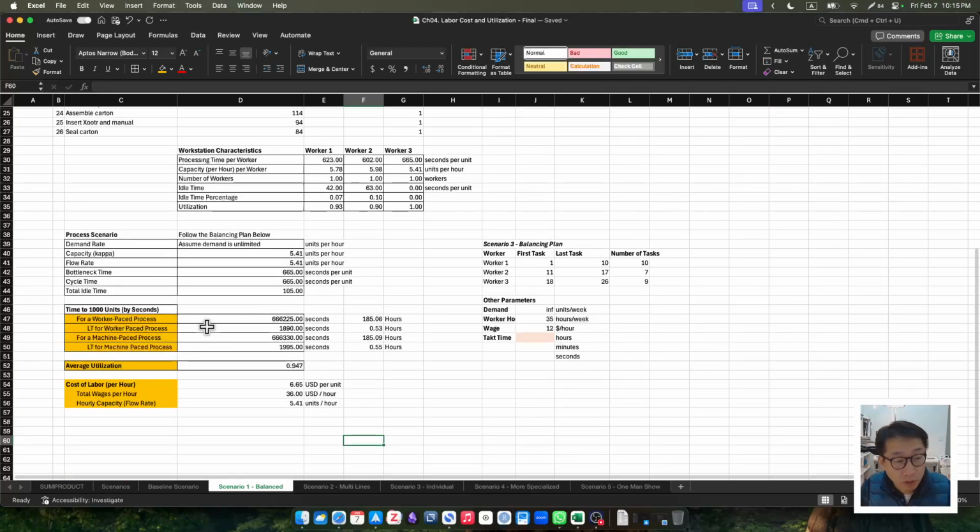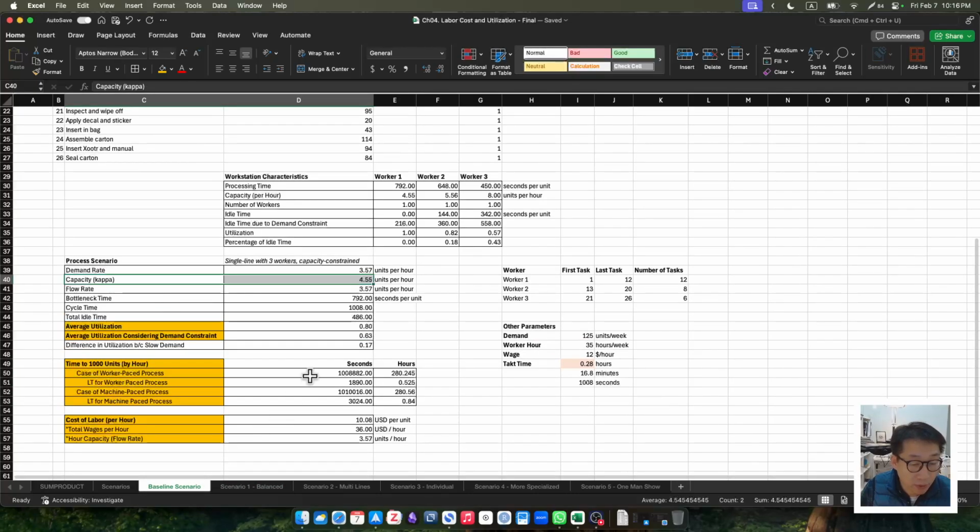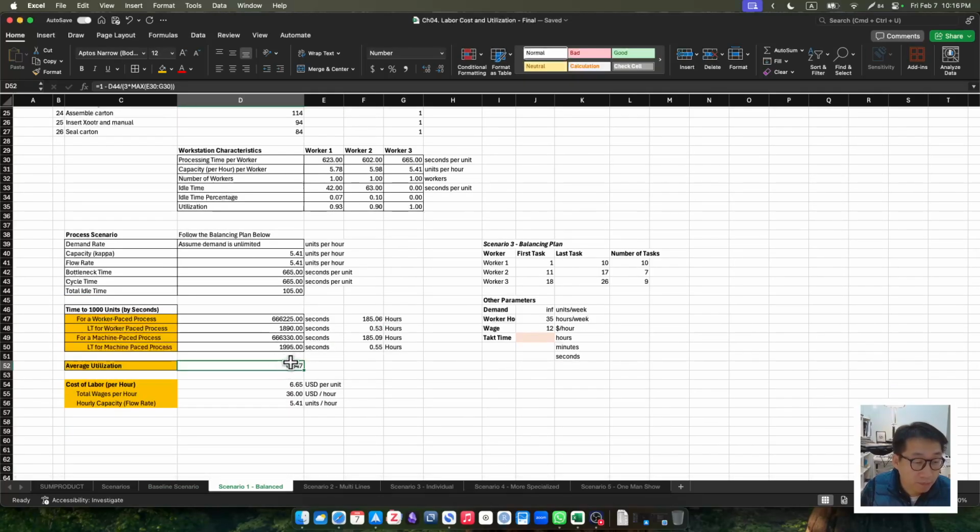So the resulting metrics, if you look here, the flow rate is this, and this is the time to produce 1,000 units, depending on what kind of process it is. We're looking at 185 hours, and average utilization is much better than the baseline scenario, which is at 80% in normal capacity. In this particular scenario with a demand cap, it's going to be 63. But again, this is much higher.